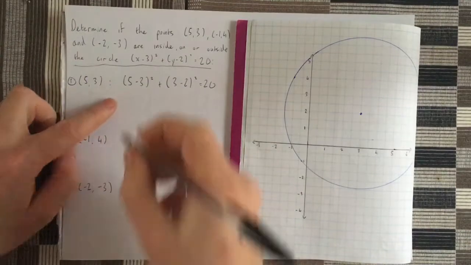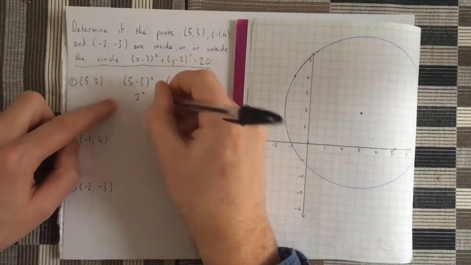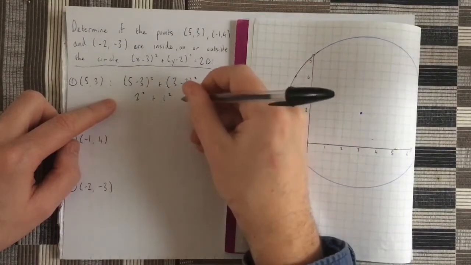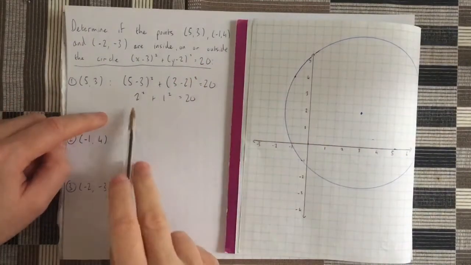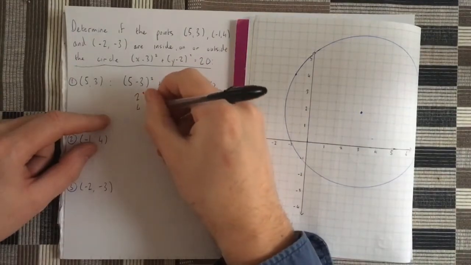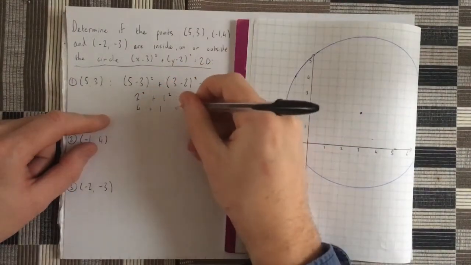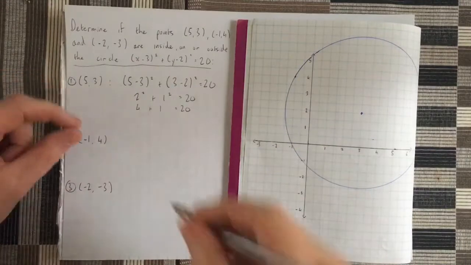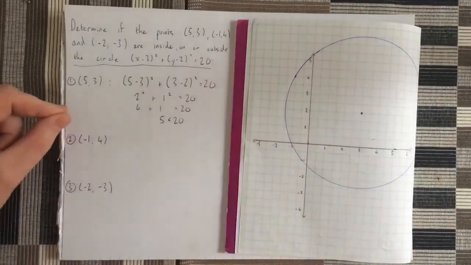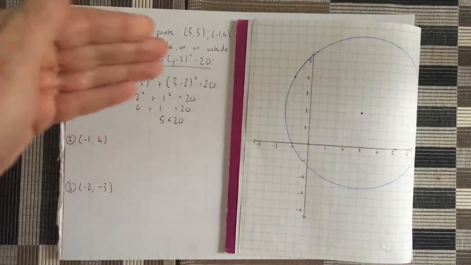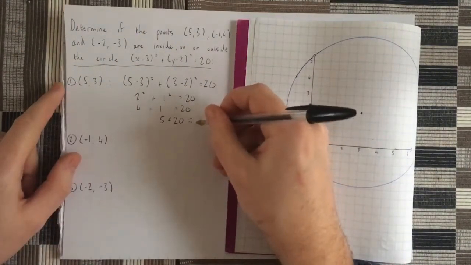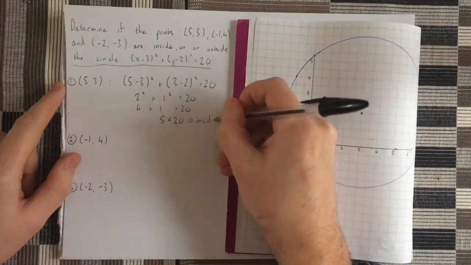So 5 minus 3 is 2, so 2 squared plus 3 minus 2 is 1, so 1 squared. 2 squared is 4, 1 squared is 1. 4 plus 1 is 5. That is less than 20. So if your left-hand side is less than your right-hand side, that means your point is inside.